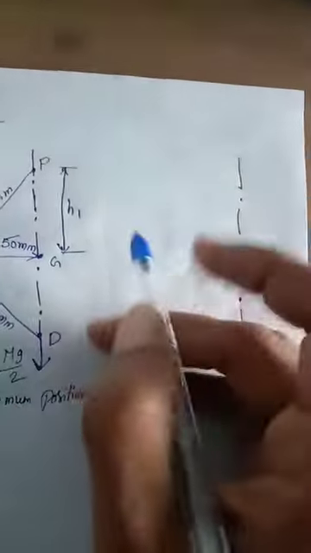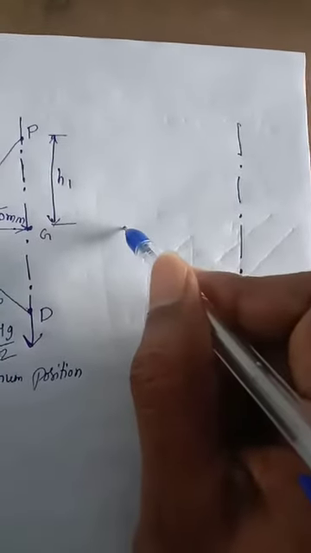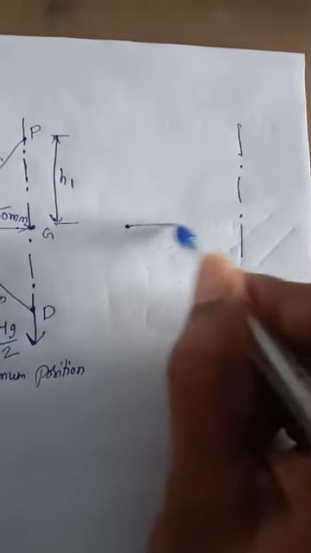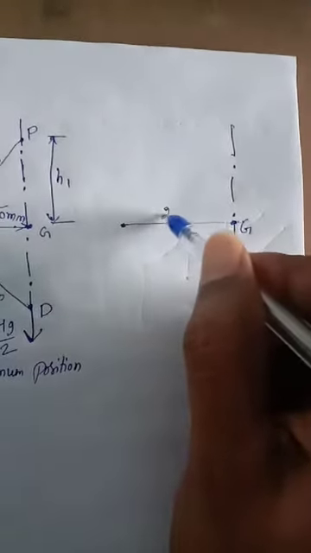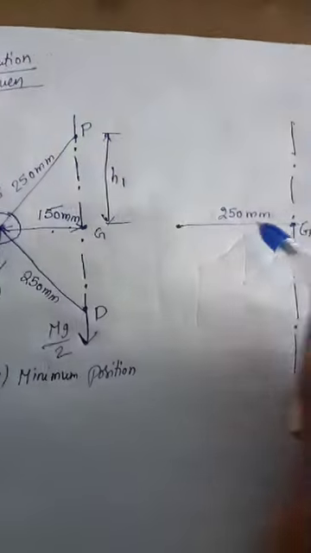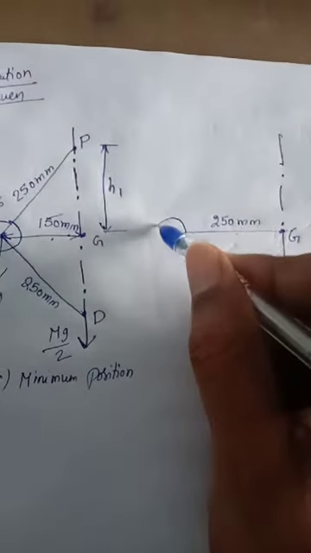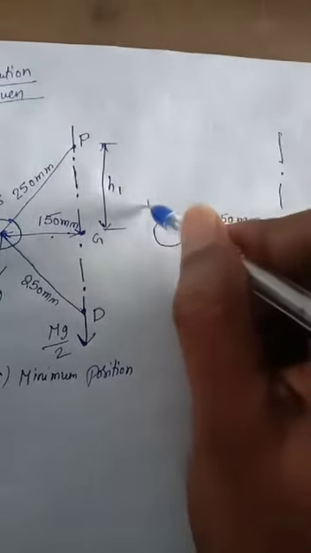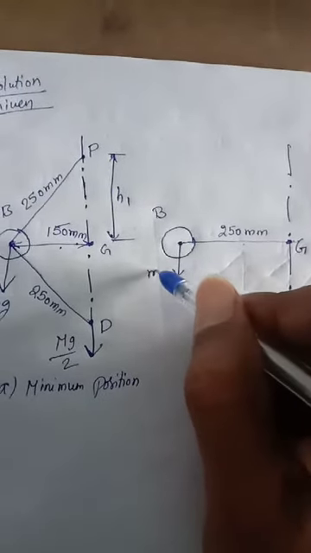Then we are going to see the maximum position. We know very well this is the governor axis. Now for the maximum position, here is B, here is G. This distance is 250 mm. Look at this, this is 150, here is 100 mm, the radius will increase. Then this is B, this is m into g.